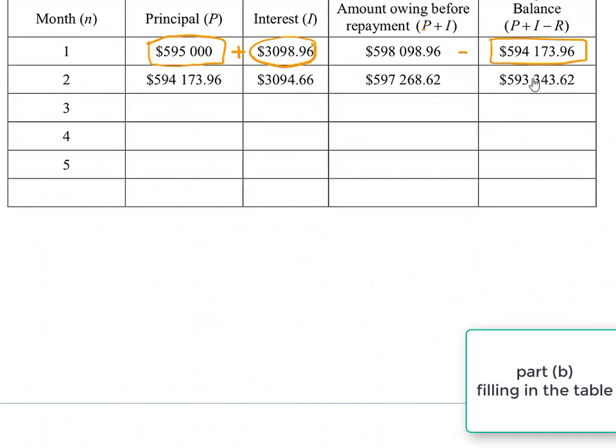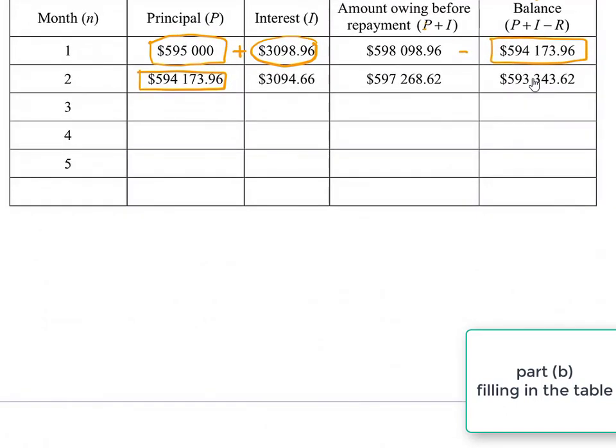So that number now goes into the beginning of the second month, and we do the exact same thing again. To find the interest, we're going to take my new principal now, $594,173.96, and we're going to multiply by the same interest rate, 0.0625 over 12, and it's really been multiplied by 1 month.